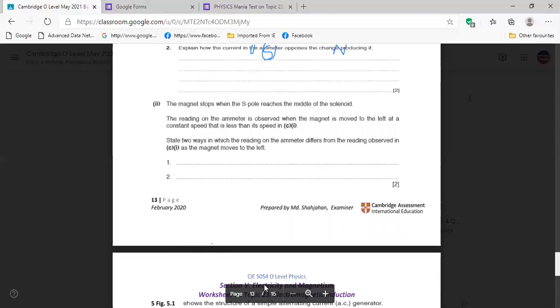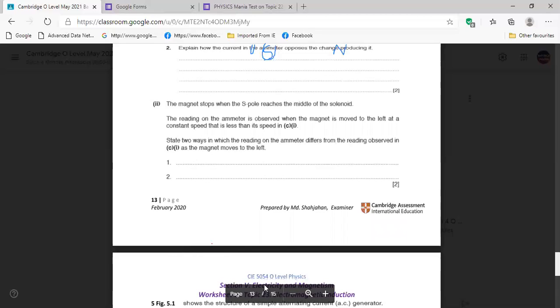So the amount of current produced will be less. And another thing you'll see is that the reading in the ammeter will be less, and the deflection of the needle will be in the opposite direction. Is it clear?